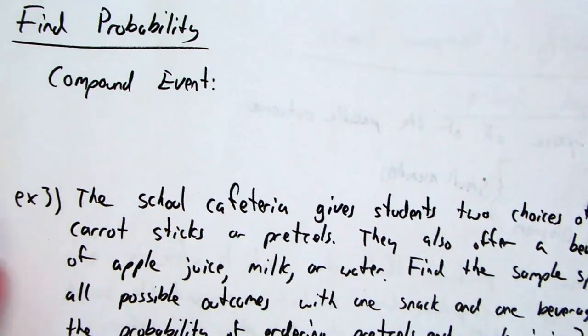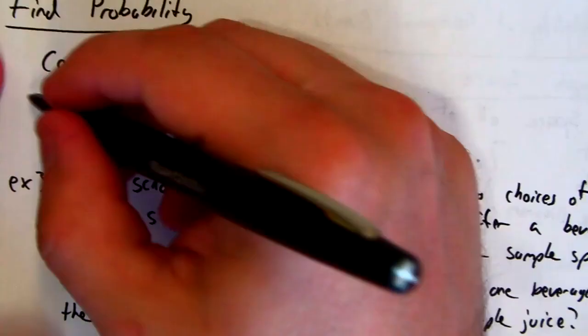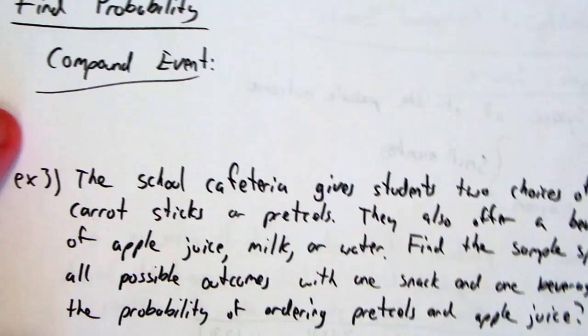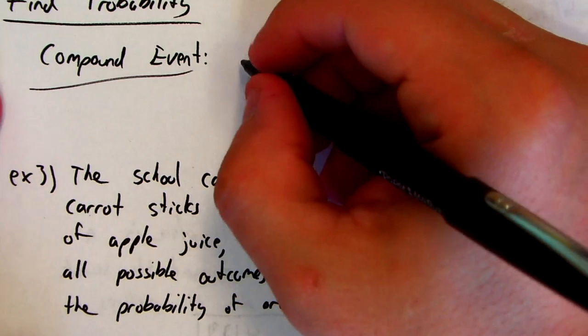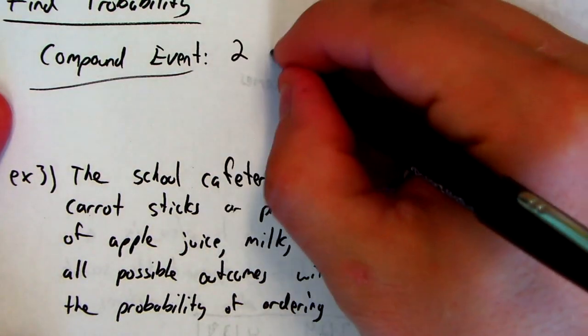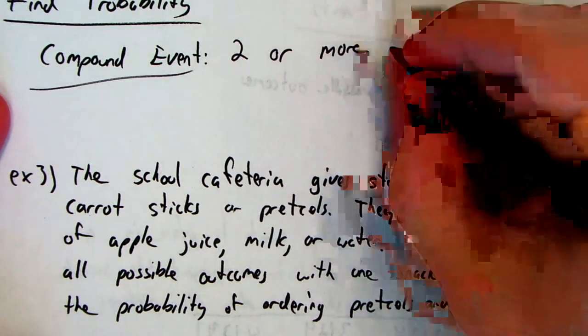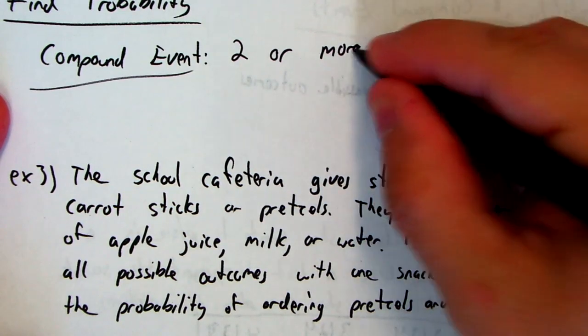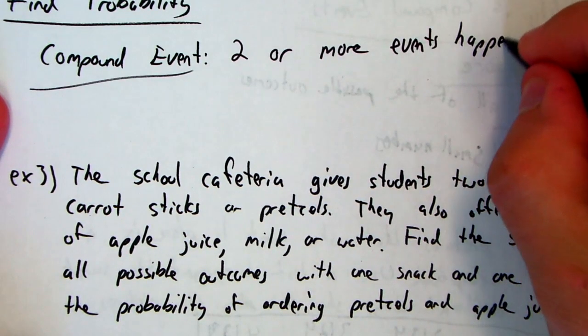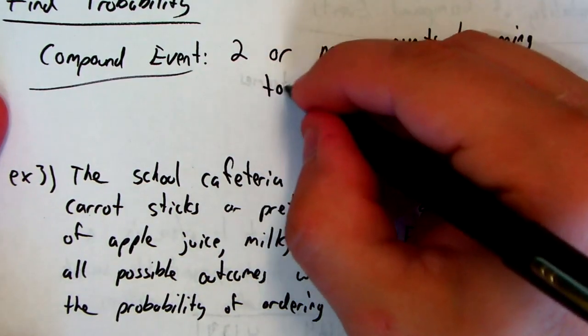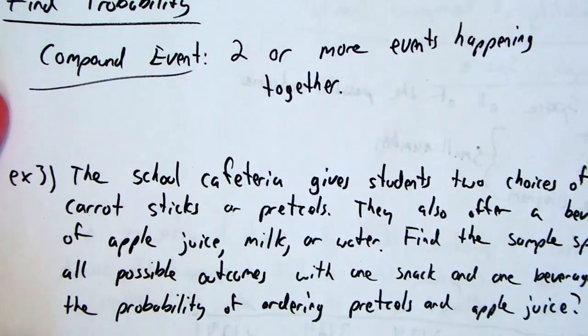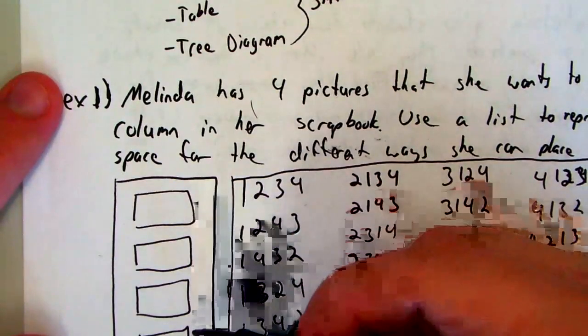Now that we have the sample space, we can actually try to find the probability. So if we find probability of a compound event, we have to first identify what a compound event is. So a compound event is 2 or more events happening together. For example, example 1.